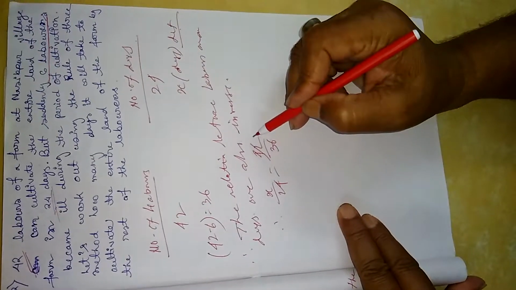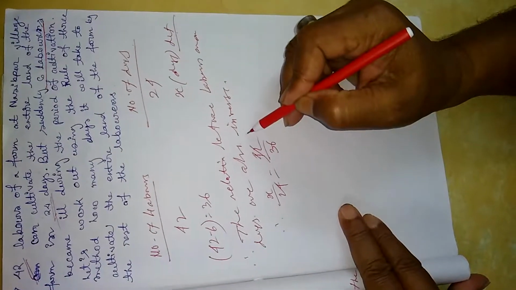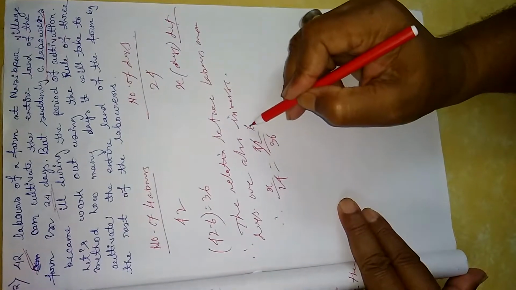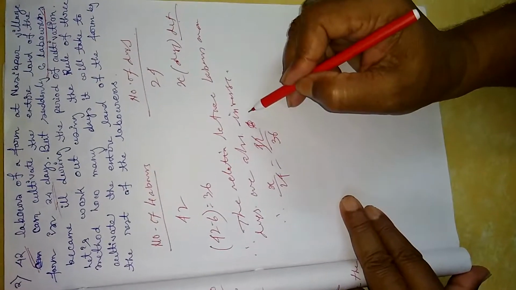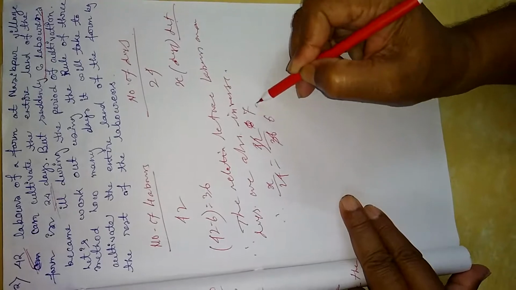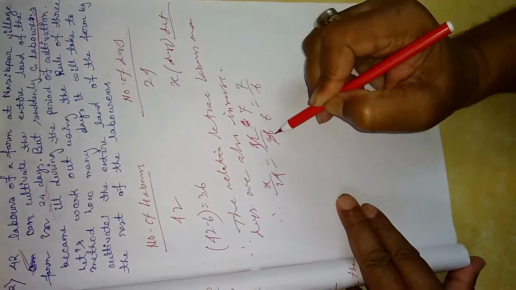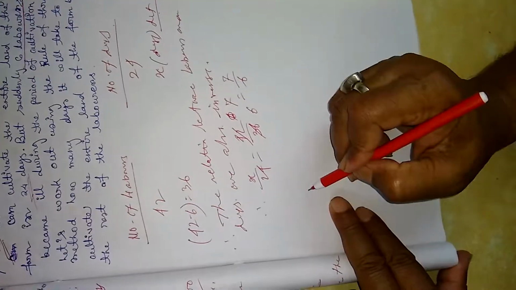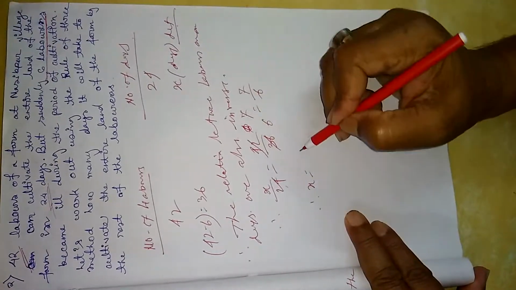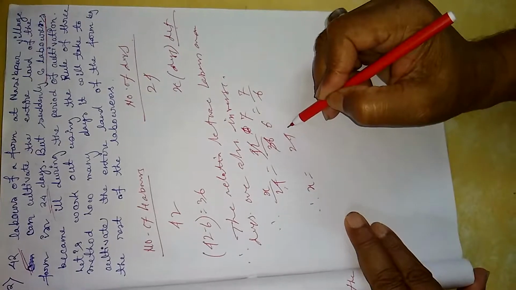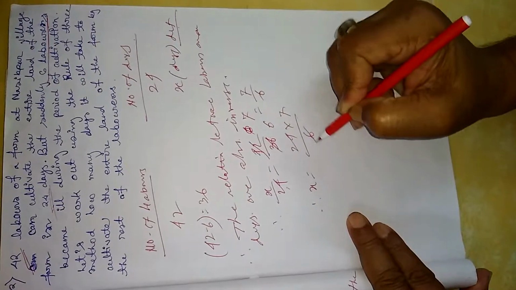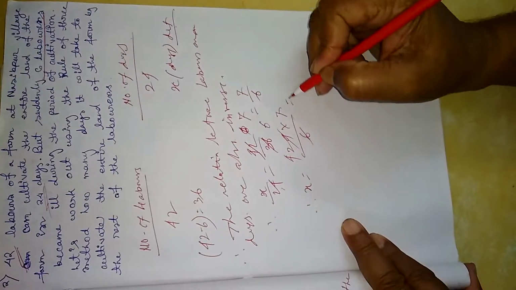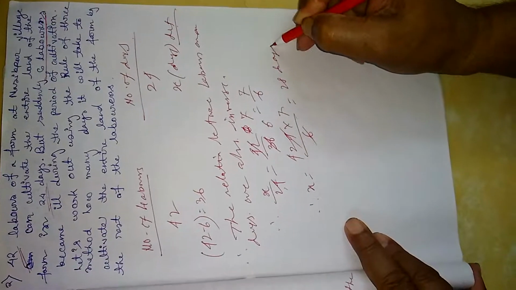Table of 6: 6 sevens are 42, 6 sixes are 36, so 7 by 6. Therefore x equals 24 into 7 by 6, going crosswise. 6 fours are 24, so 28 days.